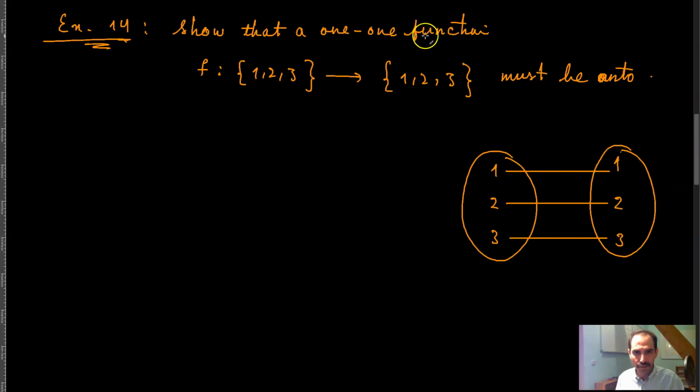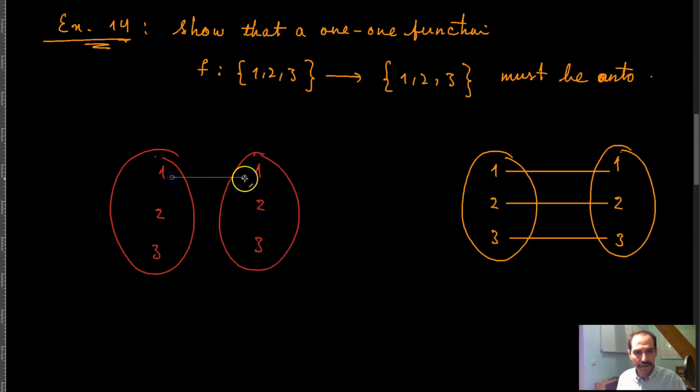Since it's a one-to-one function, this sort of situation cannot exist, meaning that you cannot say that you have 1, 2, and 3, and 1, 2, and 3, and let's assume that 1 is the pre-image of 1, and then 2 is also the pre-image of 1.